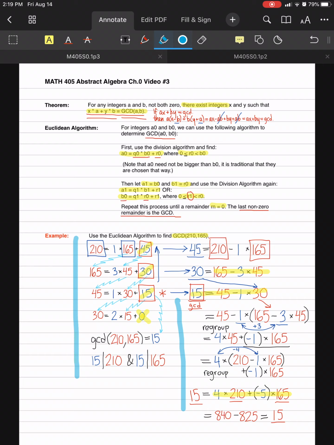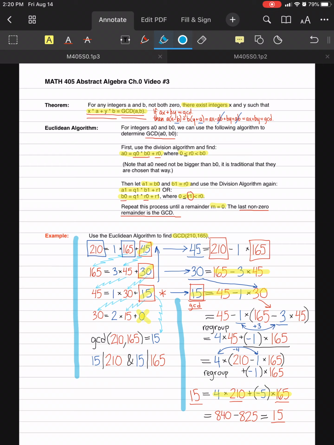And that finishes up this first section in Chapter 0, which is on the well-ordering principle, but also a lot of divisibility properties for integers, talking about GCDs and divisibility and primes and other results.